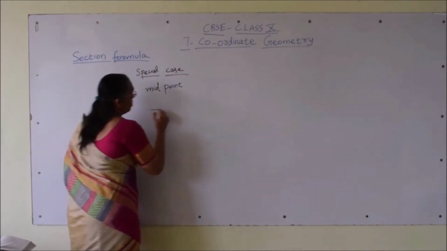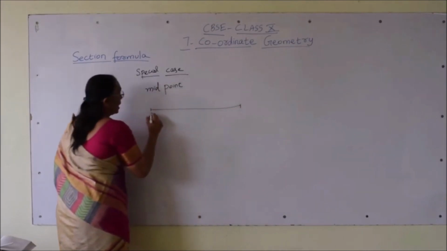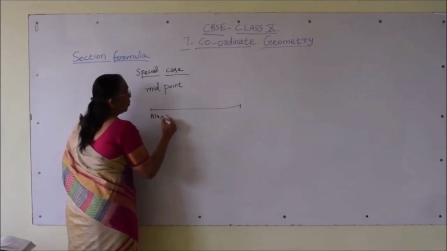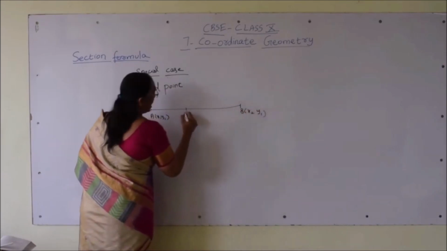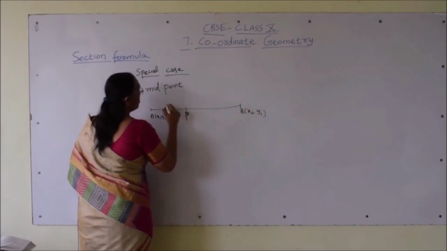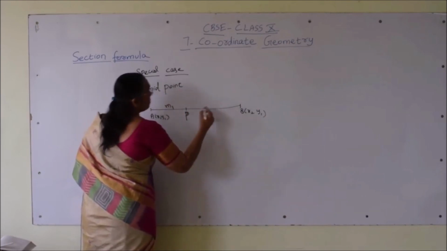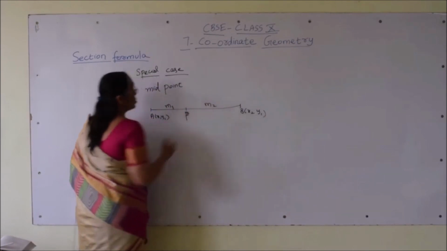So, in the section formula, we learnt A is the point (x1, y1) and B is (x2, y2), and P is a point which divides A and B in the ratio m1 is to m2.